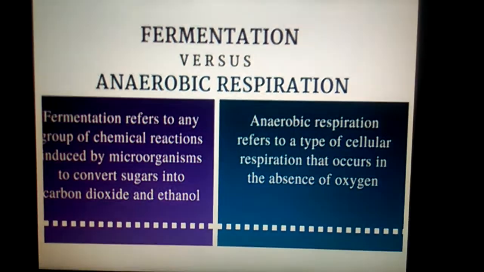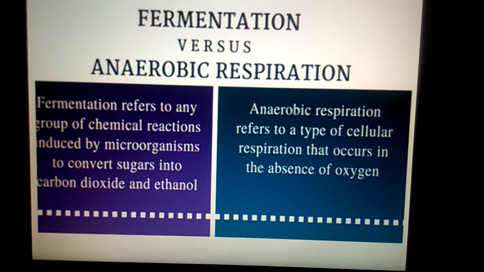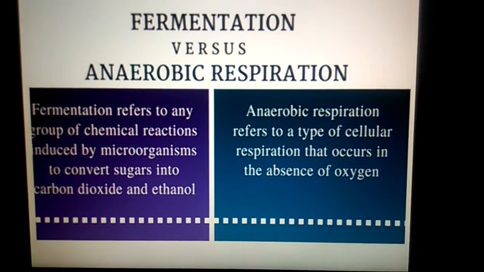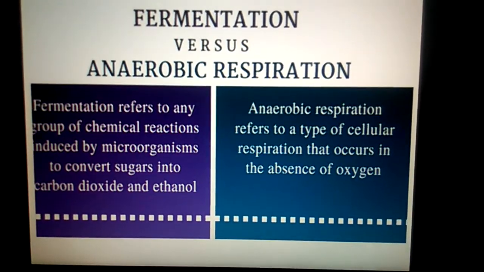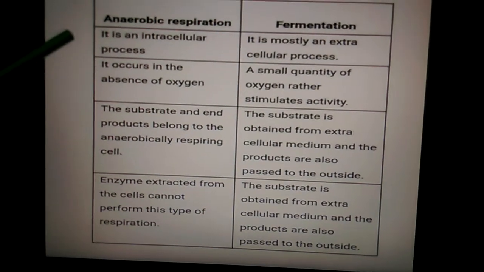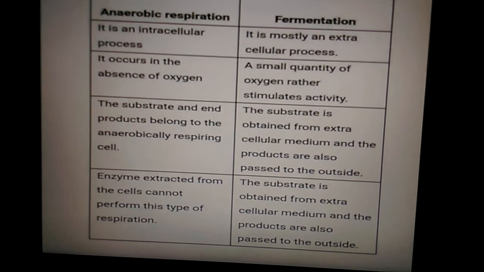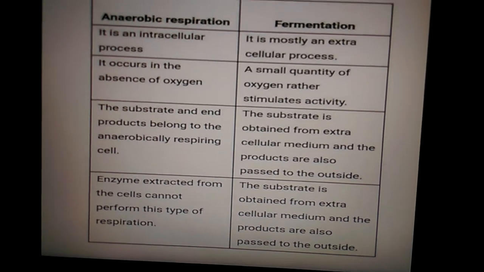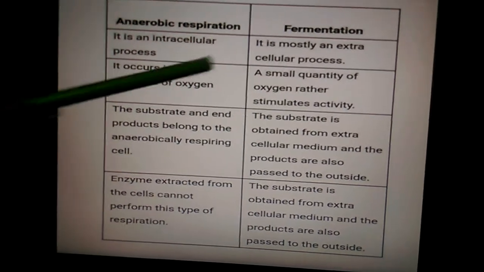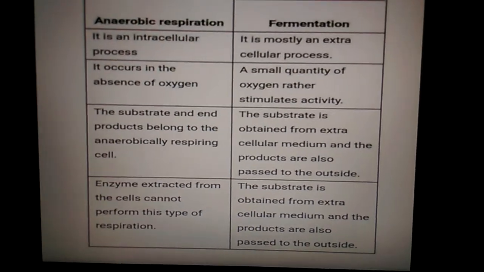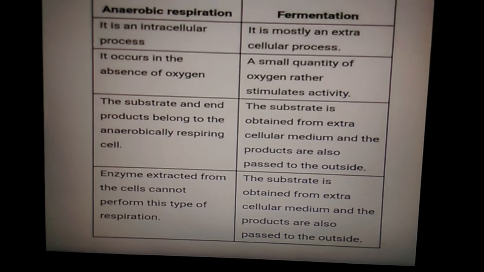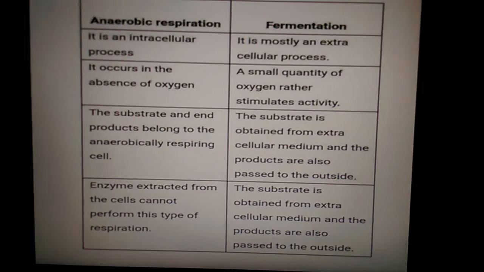And another point is anaerobic respiration refers to a type of cellular respiration that occurs in the absence of oxygen. Anaerobic respiration is an intracellular process, that means it occurs in the cells, and fermentation mostly occurs as an extracellular process, that means it occurs on the outer side of the cells.